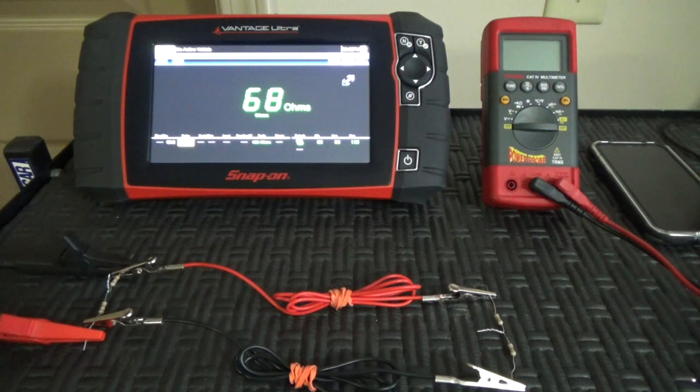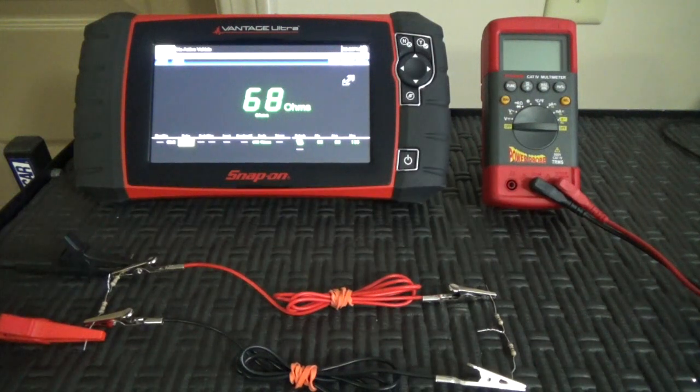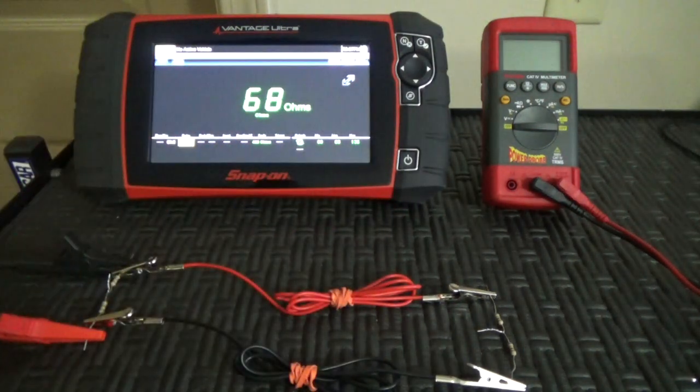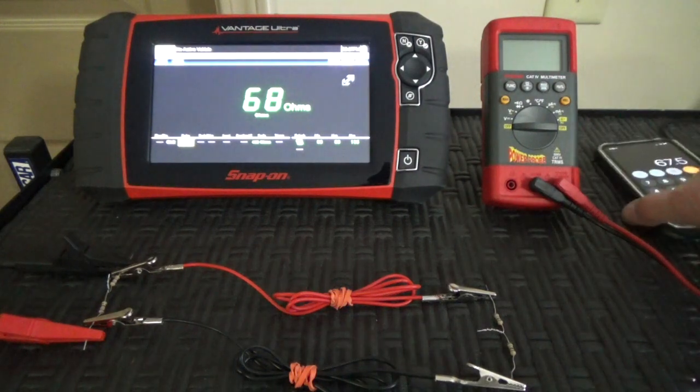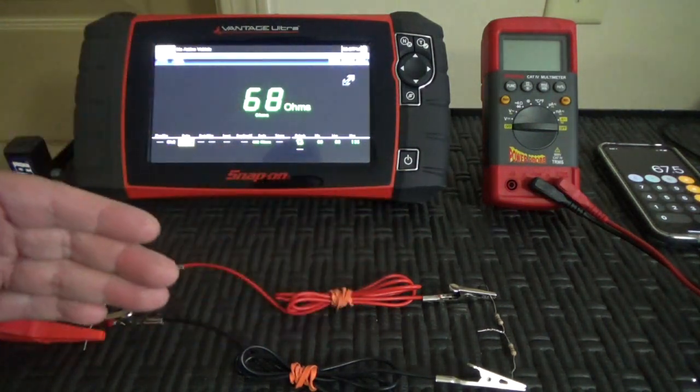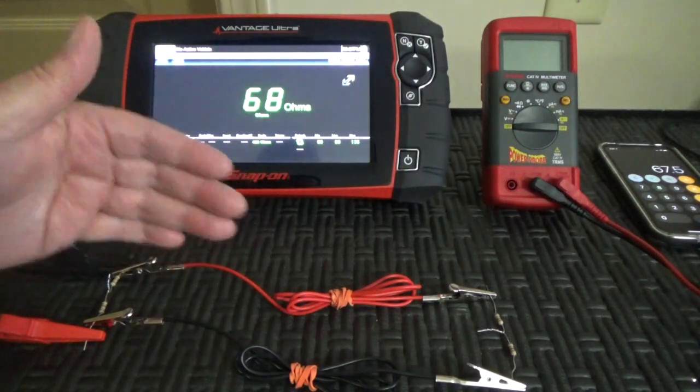So 135 divided by 2 equals 67.5. They got 68 there, but that's what we got. So we've got two resistors at 135 in parallel. Like I say, parallel divides.